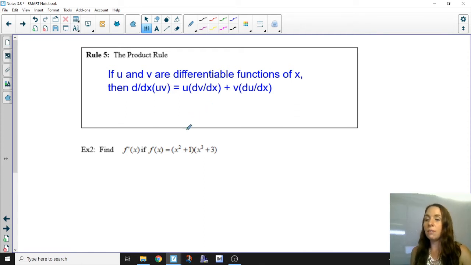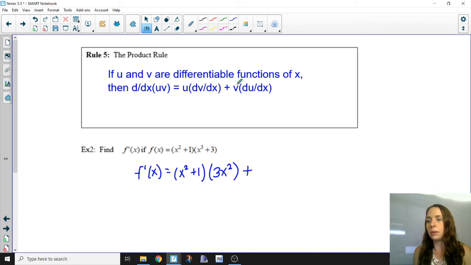Or you could leave it as a product, and I actually think it's simpler once you know the rule to leave it as a product and just take the derivative using what is called the product rule. The product rule says use your first function unchanged times the derivative of the second function. The derivative of x cubed plus 3 is just 3x squared, right? Because the derivative of 3 is 0.